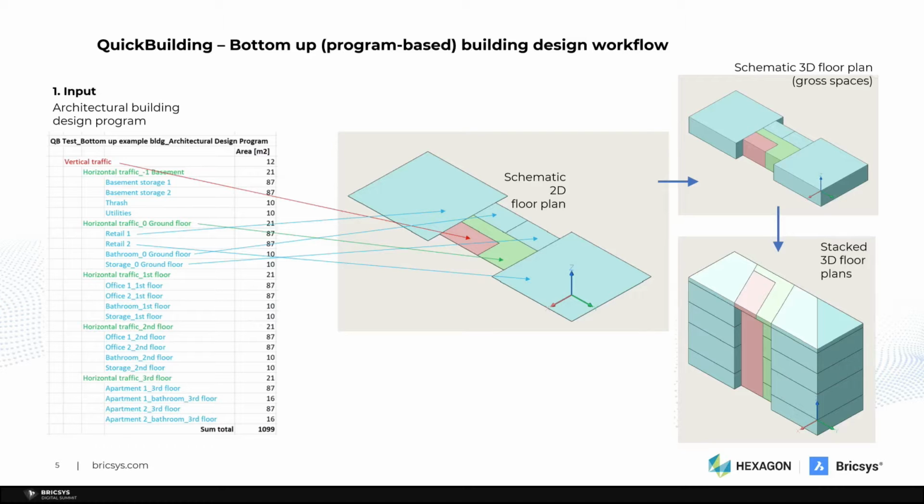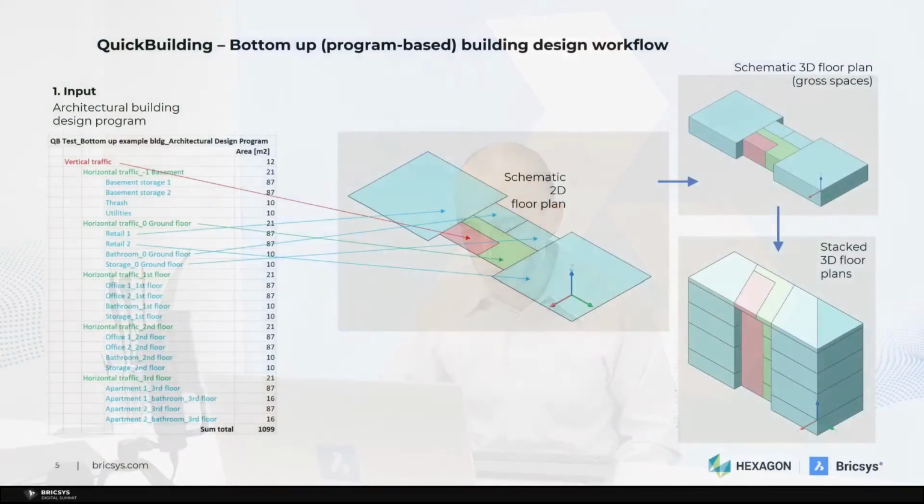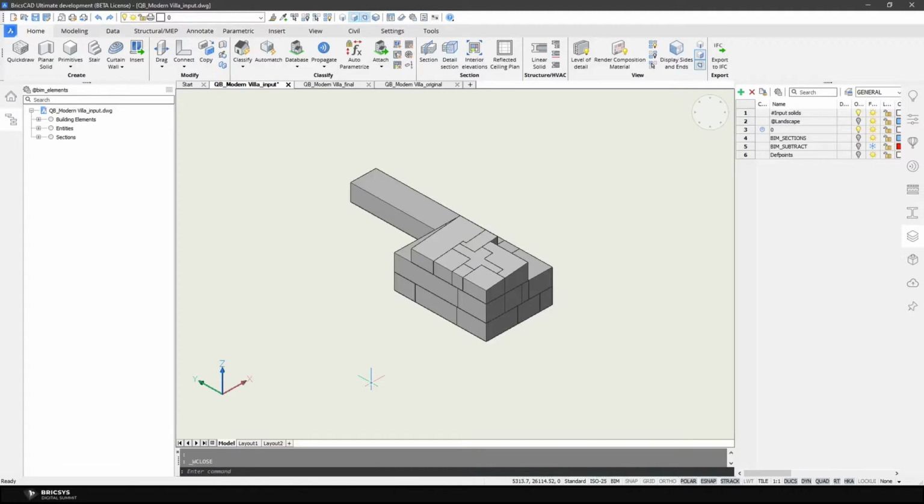So in the case of net spaces, there are indeed gaps between the spaces. Here we work with gross spaces and use those as input for the bottom-up QuickBuilding.